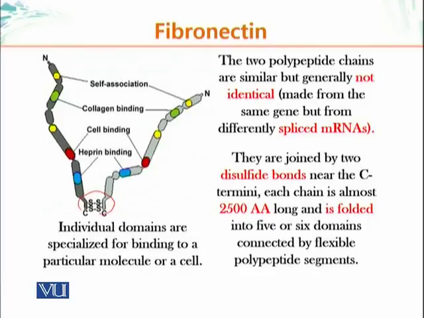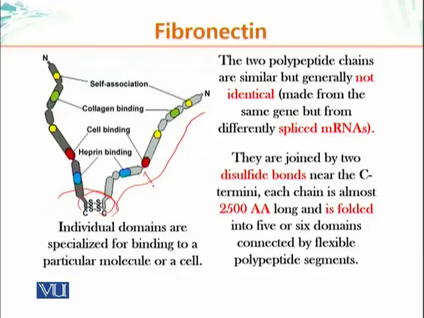The C termini of each chain are joined by two disulfide bonds near the C terminus. Each chain is 2500 amino acids long and is folded into 5 or 6 domains connected by flexible polypeptide segments. As I've already pointed out, these are the flexible polypeptide fragments.